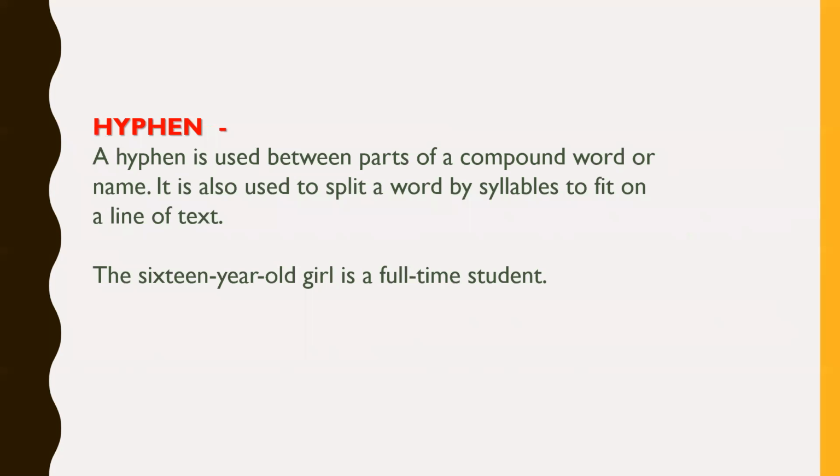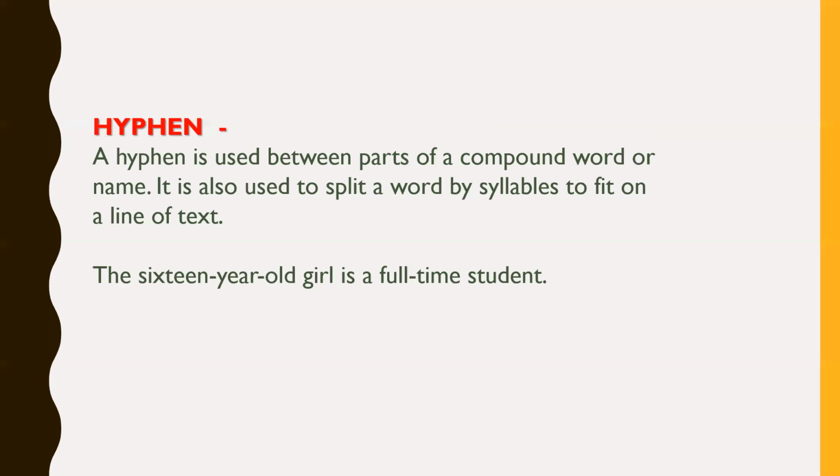Then moving ahead with hyphen. Hyphen is used between parts of a compound word or name. It is also used to split a word by syllable to fit a line of text. For example, 16-year-old. For the words 16 and year, you need a hyphen. And full-time student, part-time student. For part and time, you need a hyphen.